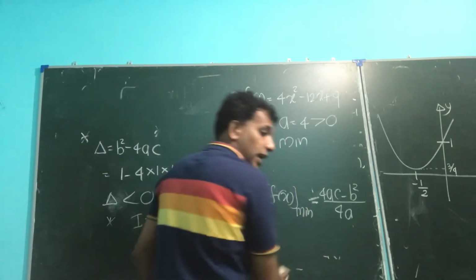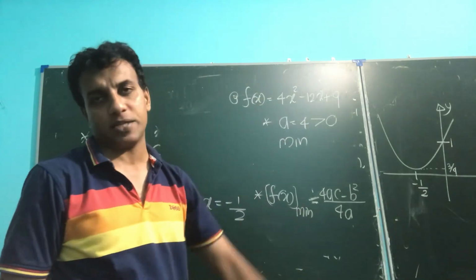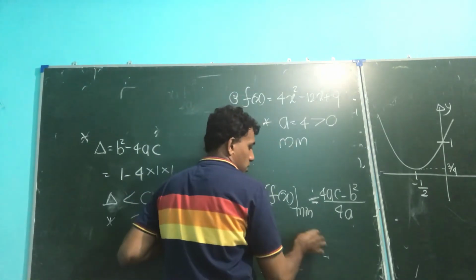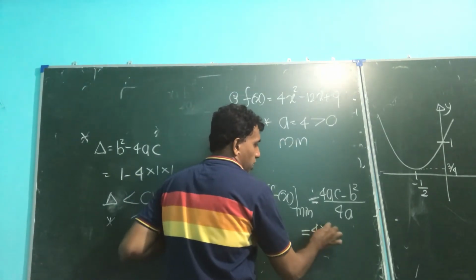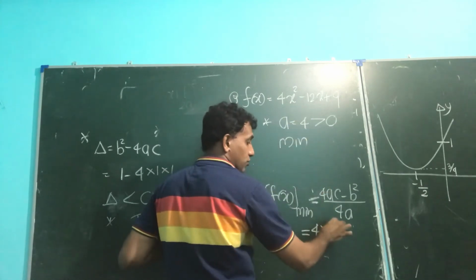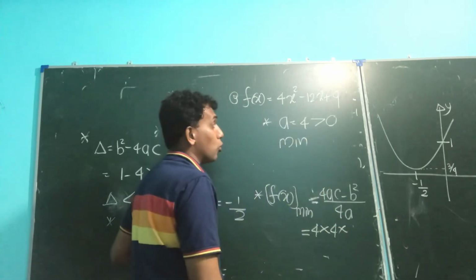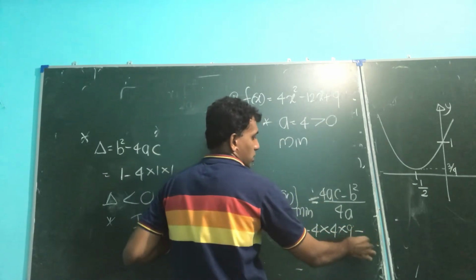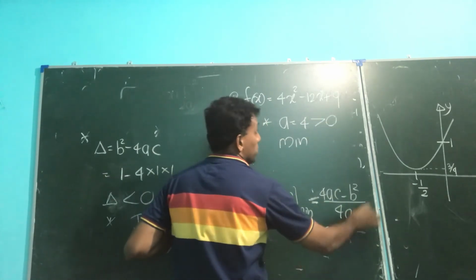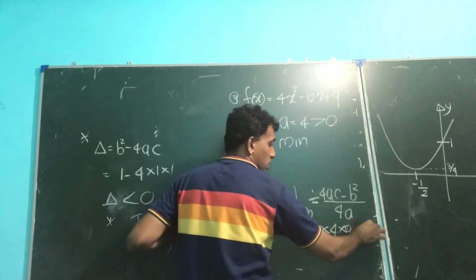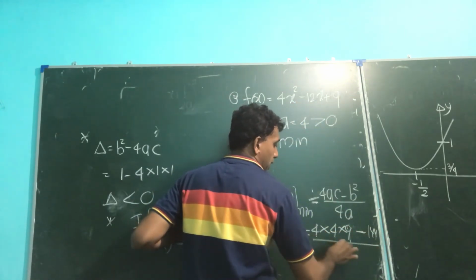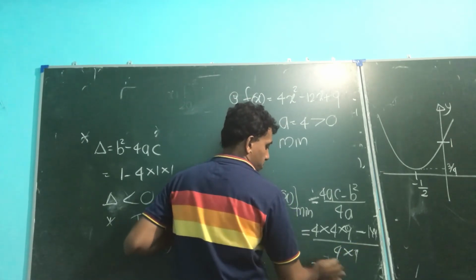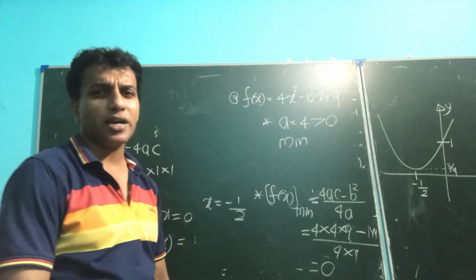Next you can find that minimum value, that means the y coordinate. Next point, what is the f(x) minimum point? What is a? a is 4. b is minus 12, c is 9. b squared means 144, over 4 times a, 4 times 4.